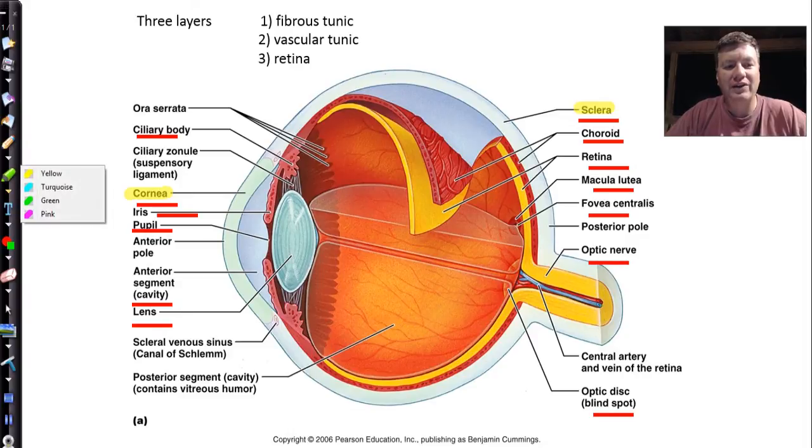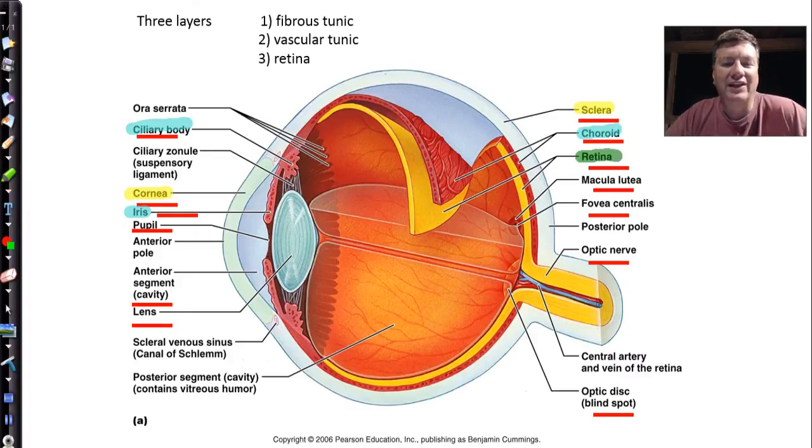If we look at the vascular tunic, we're talking about the choroid layer, the ciliary body, and the iris. And then the retina, of course, the inner layer. The retina is the innermost layer of the eye, and that's what we associate with where you find the photoreceptors.